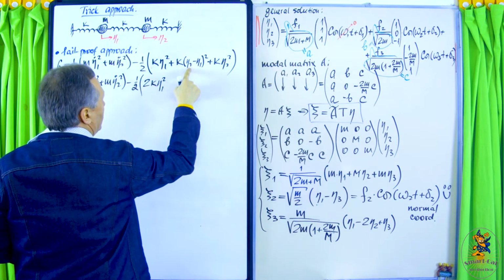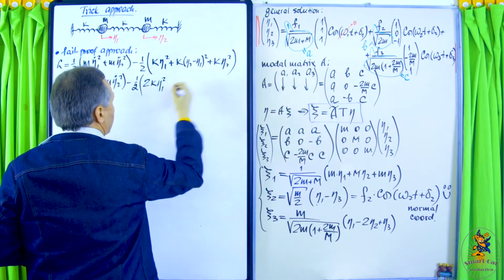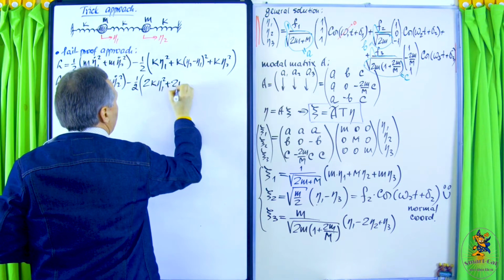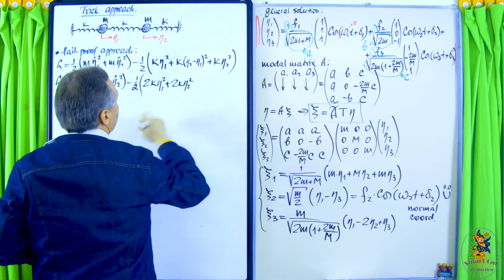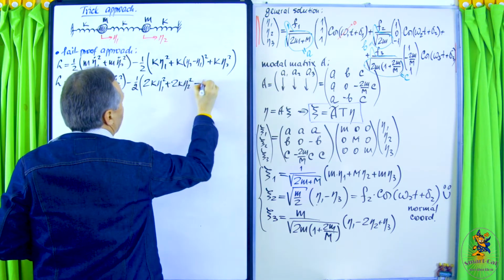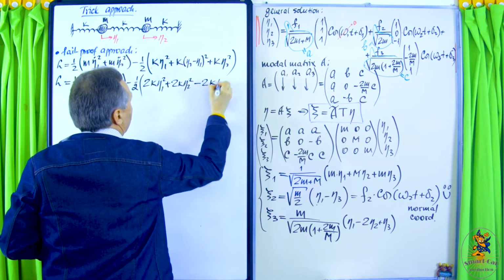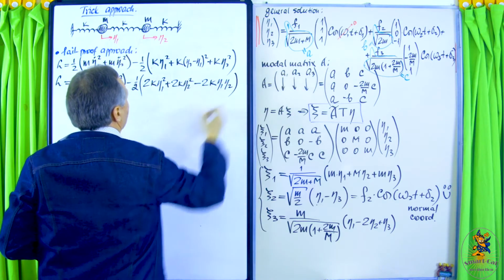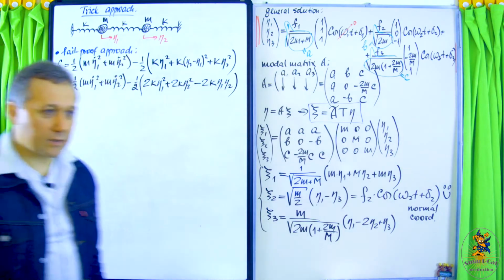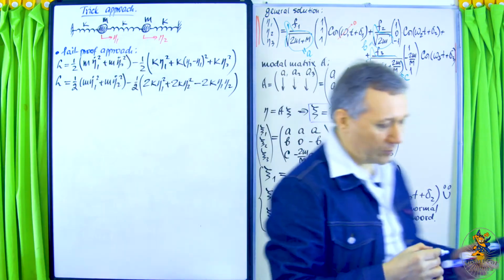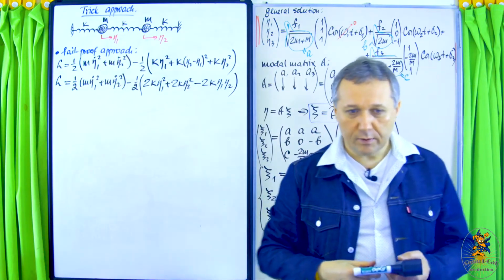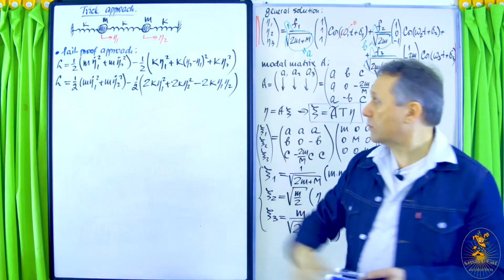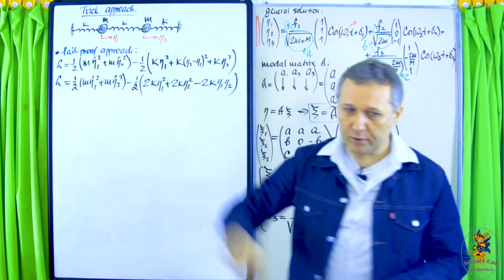Then another eta 2 appears from there, gets combined with that, 2k eta 2 squared, and then cross term minus 2k eta 1 eta 2. So after this form of the Lagrangian, we can write down kinetic and potential energy. Again, 1 over 2 and minus are outside.